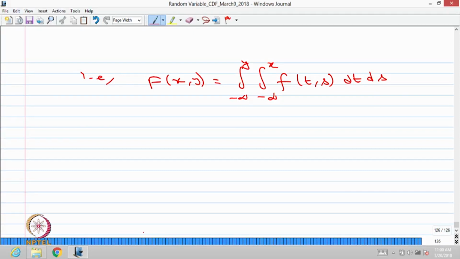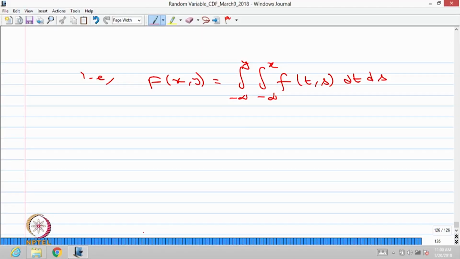That means since both the random variables are of the continuous type, the CDF is a continuous function in both x and y. One can write CDF in the form of double integration from minus infinity to y, minus infinity to x, of some integrand small f of t comma s, dt ds. Here the integrand is the joint probability density function.